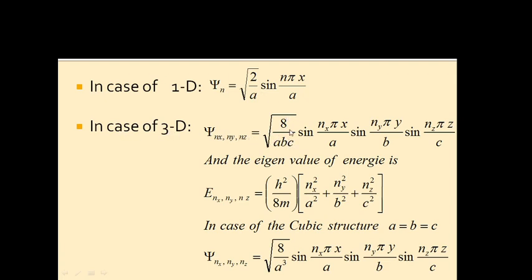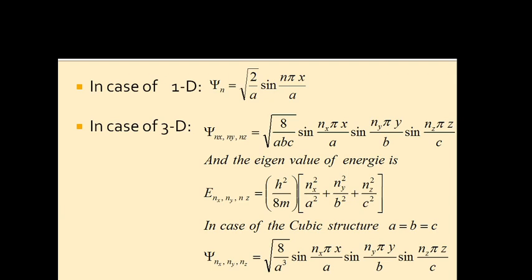That becomes under root 8 by abc, sine nx pi x upon a, similarly sine ny pi y upon b, and sine nz pi z upon c, where nx, ny and nz mathematically are integers, but in terms of physics we can understand them as principal quantum numbers.